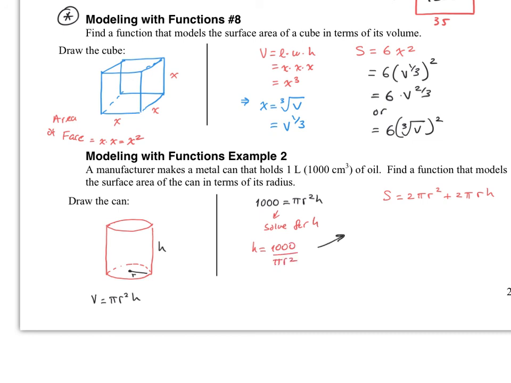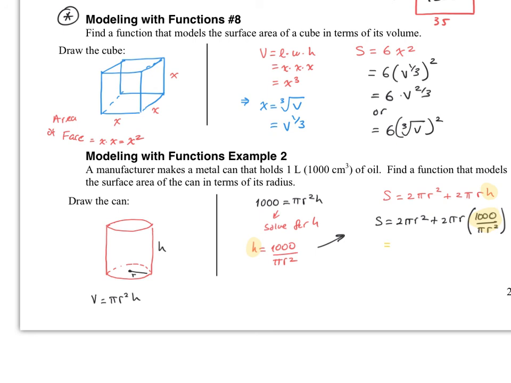So then if we plug it in here, the surface area is going to be 2 pi r squared, which is fine so far, plus 2 pi r, but now h will be 1000 over pi r squared. So all we do is just substitute h in here, which is this.